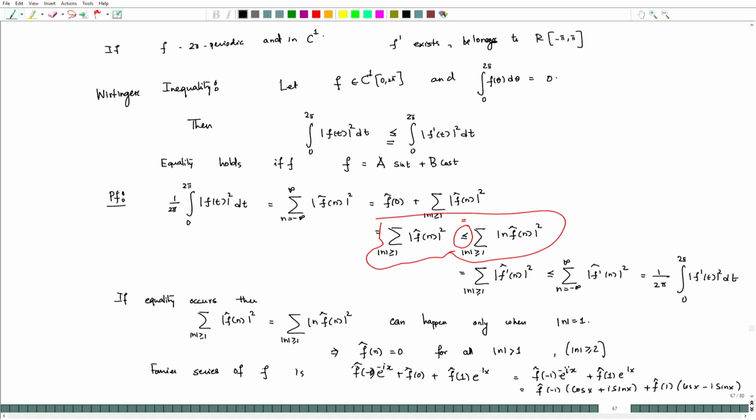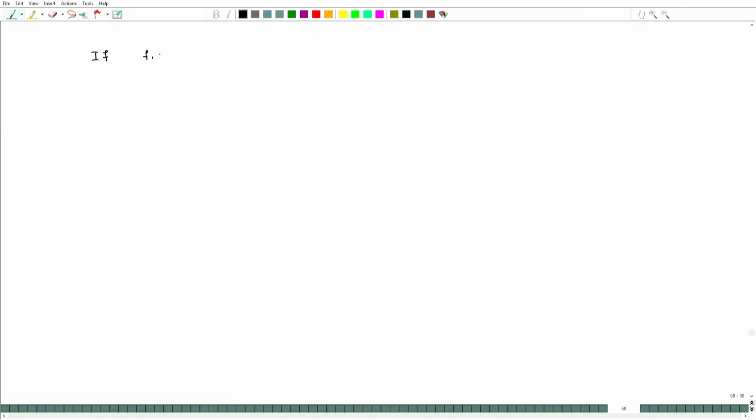Okay. So, now another important identity for Fourier series, the Parseval identity, is that if f and g belong to the Riemann integrable functions on minus pi to pi or 0 to 2 pi, then the inner product of f and g is going to be equal to the summation over n in Z of f hat of n times g hat of n bar.